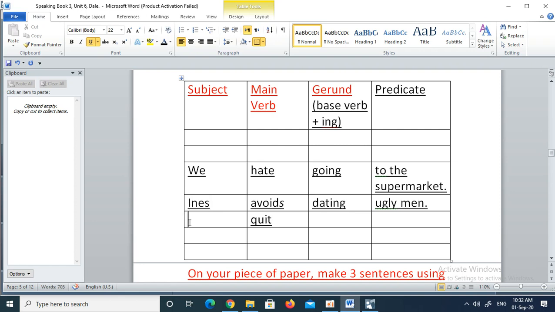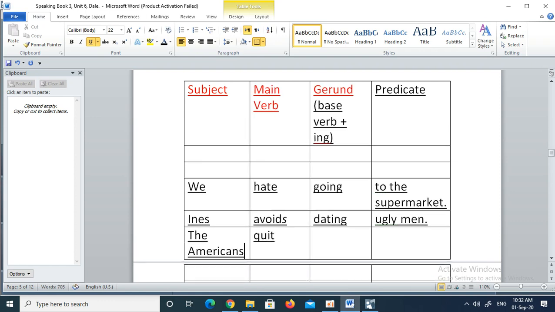Right, let us look at number 3. The Americans quit wearing face masks. We have a subject, the Americans. We have a main verb, quit.